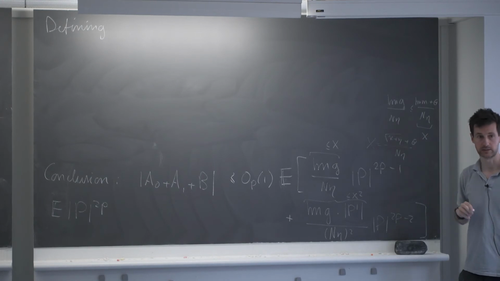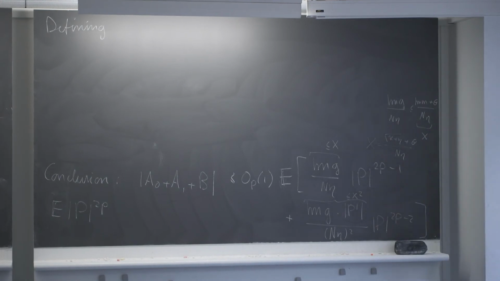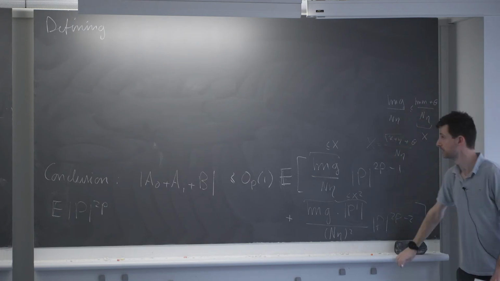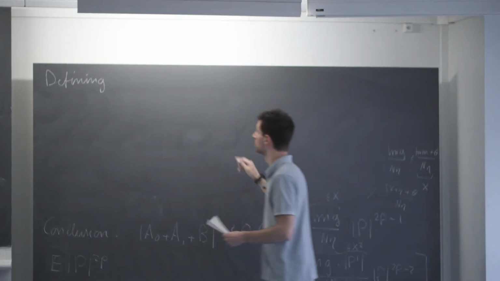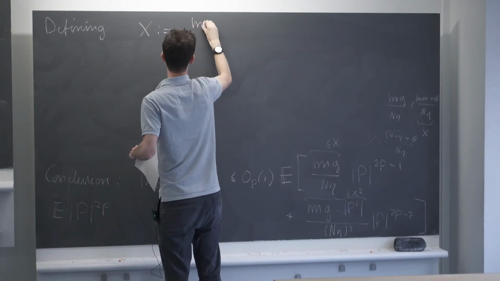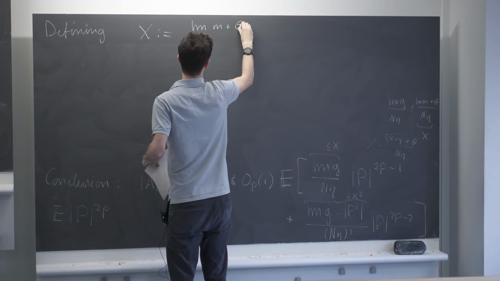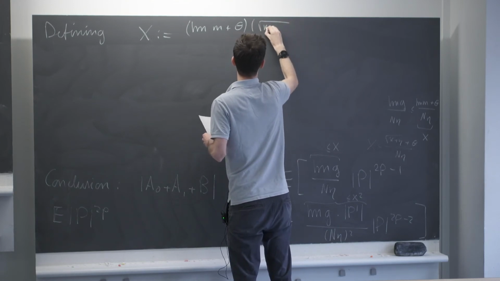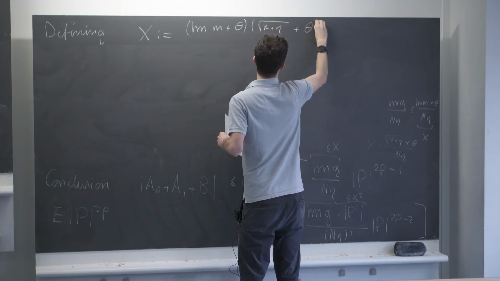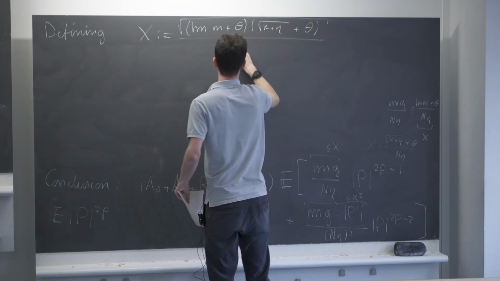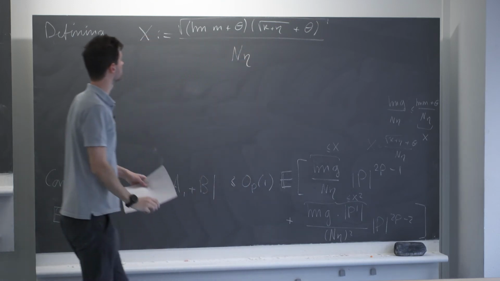But that's a bit too drastic, and in fact, for some arguments we want to do later on, this is too much. So what I will do is take the geometric mean between that and that. And this works. So defining x to be the imaginary part of m plus theta times kappa plus eta plus theta, it looks a bit unwieldy, but actually it's not too bad.